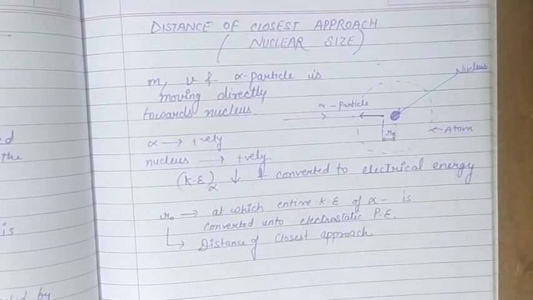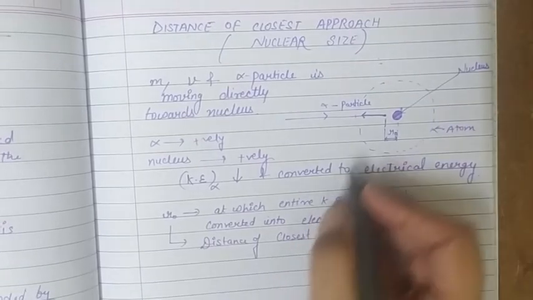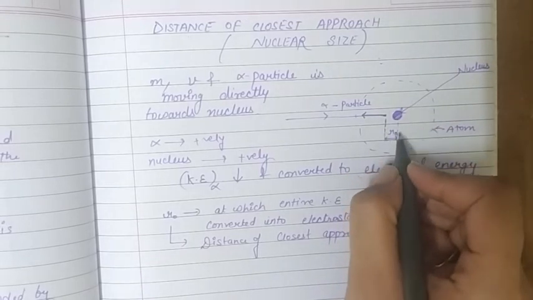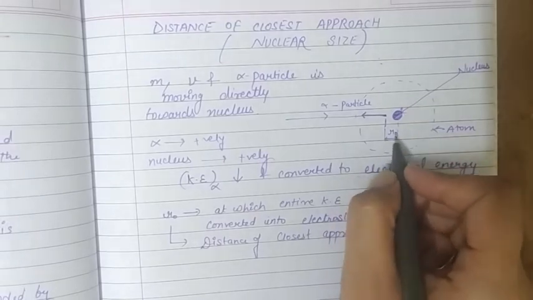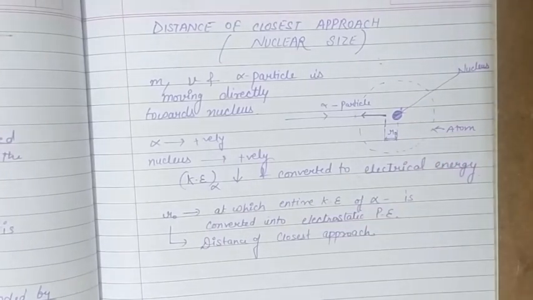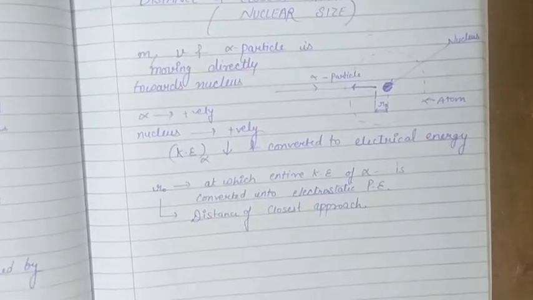The radius of the nucleus must be smaller than r naught, as we can conclude from this figure. So by finding r naught we can get an idea about the radius or nuclear size of that atom.